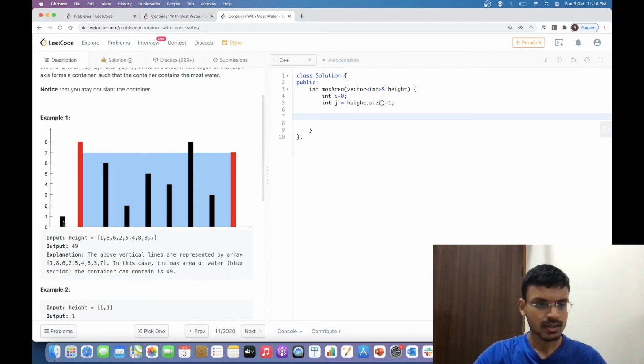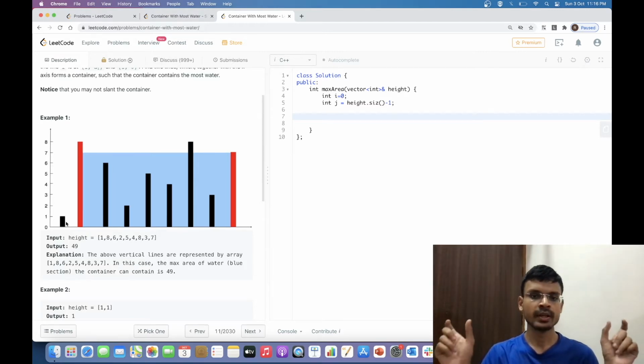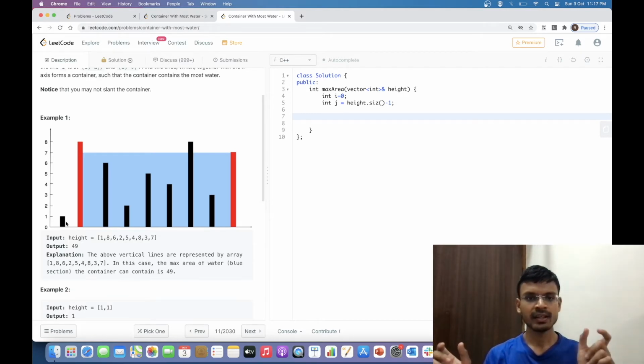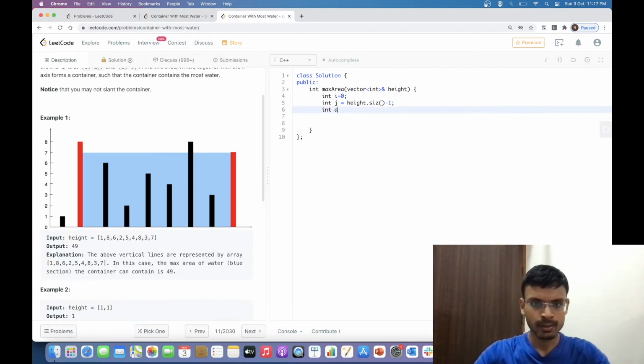We keep incrementing i or decrementing j based on some conditions. We can maintain one variable, the answer, initialized to 0, and one variable, suppose, diff.